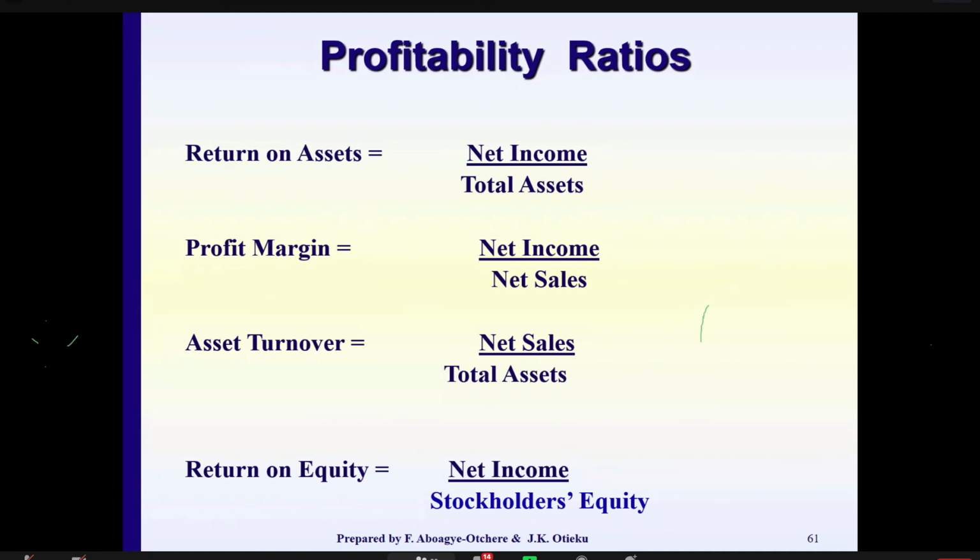And we are saying that total assets is the same as owner's equity plus liabilities. So if total assets is owner's equity plus liabilities, then why are we using profit after tax, which belongs to only equity holders?